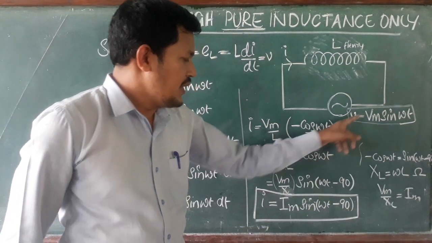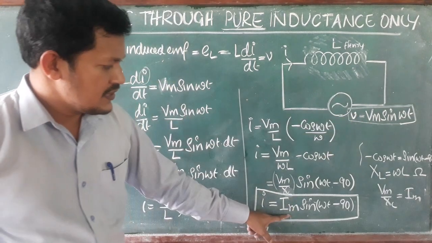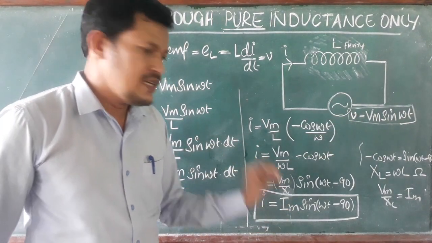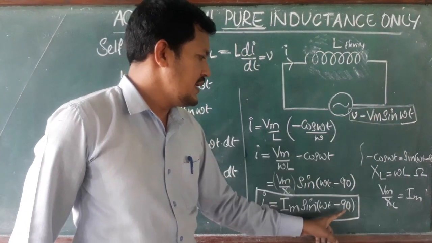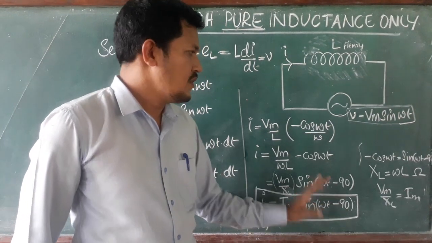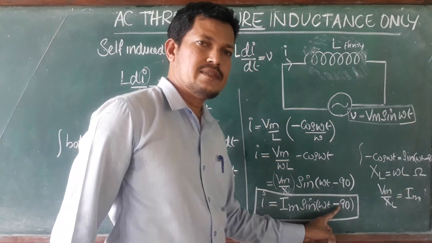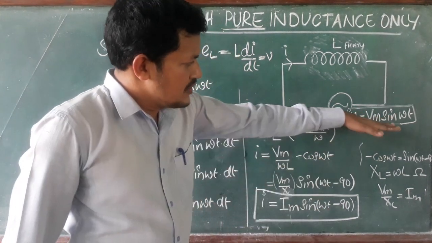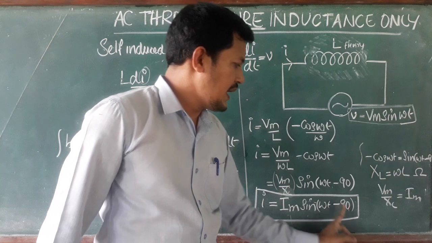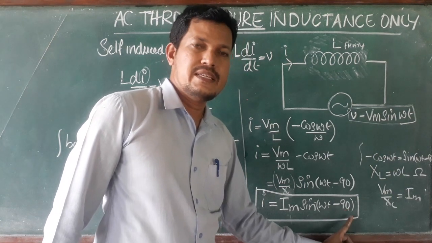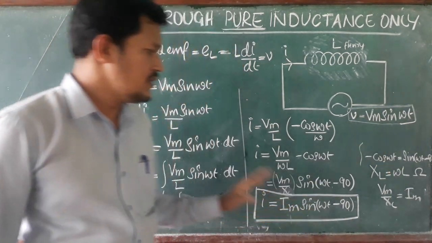So comparing the voltage and current expressions, current is lagging voltage by 90 degrees, or current is behind the voltage by 90 degrees. Clear? This is very simple. Here it is omega t minus 90, so the angle is behind, so it is lagging.